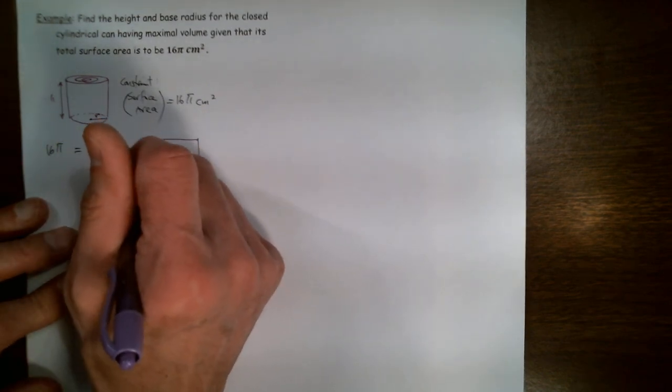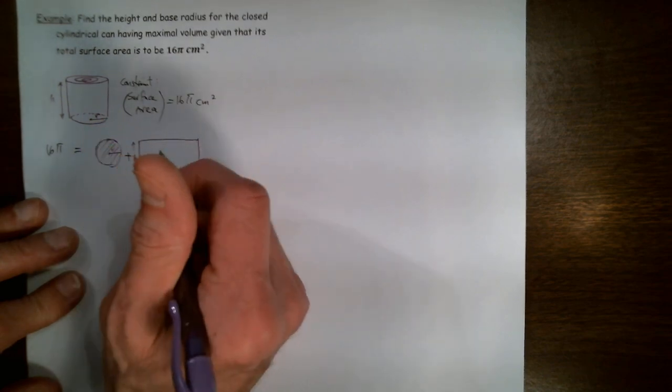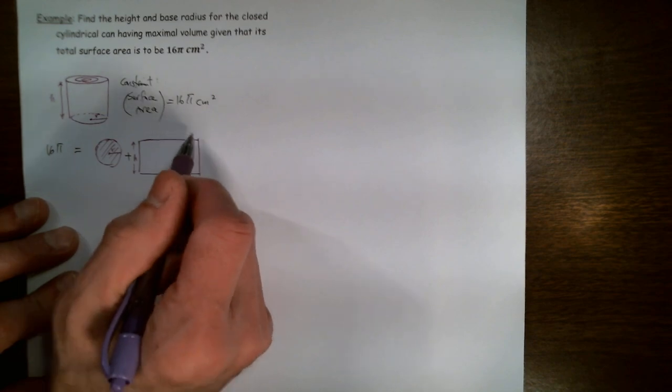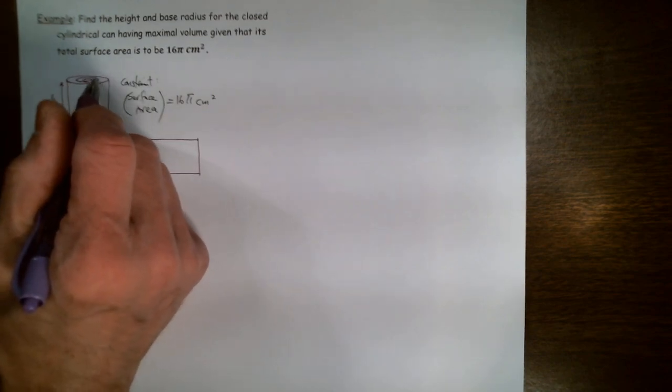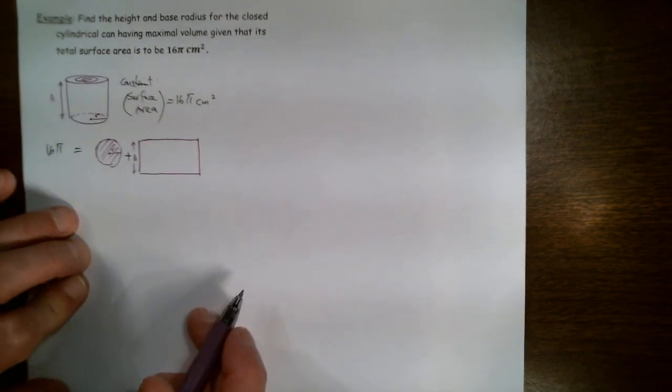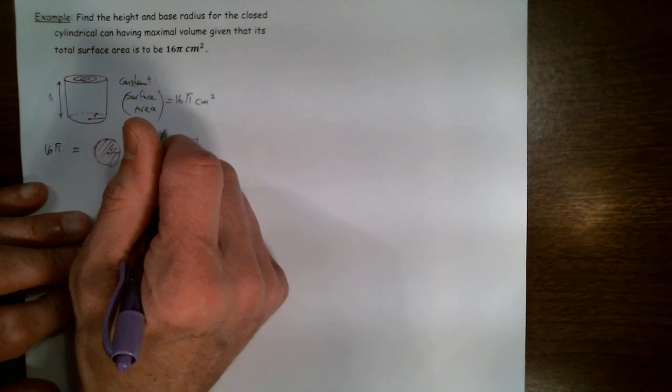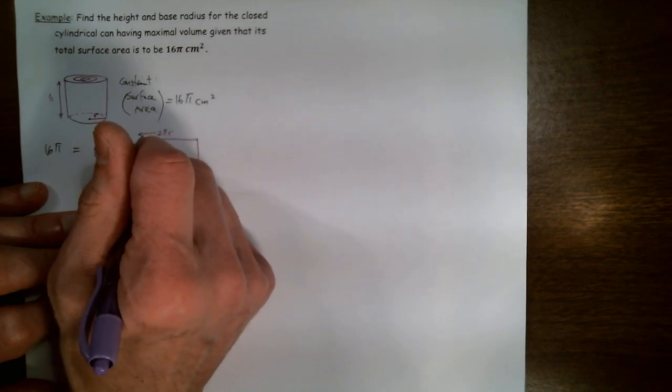Where the width of the rectangle is going to be h, the height of the can, and then the length of this rectangle would have to coincide with the circumference of the base of the can, being 2 pi times r.